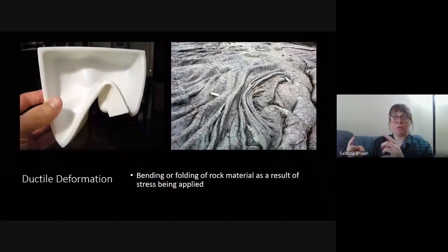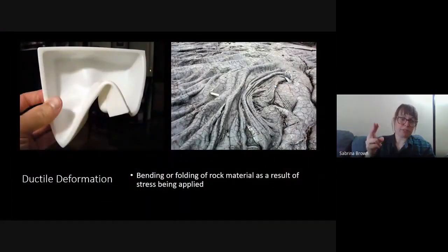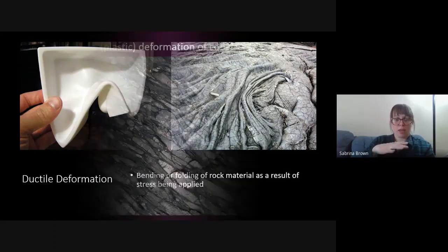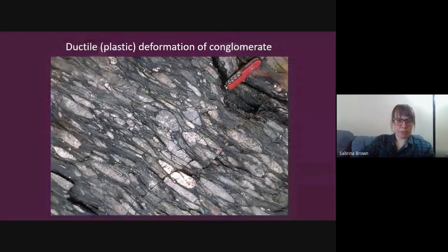As I mentioned previously, there are two types of deformation. The first type of deformation is called ductile deformation. Ductile deformation is when a rock is bent or folded because of that stress being applied. Here, for example, is a conglomerate.